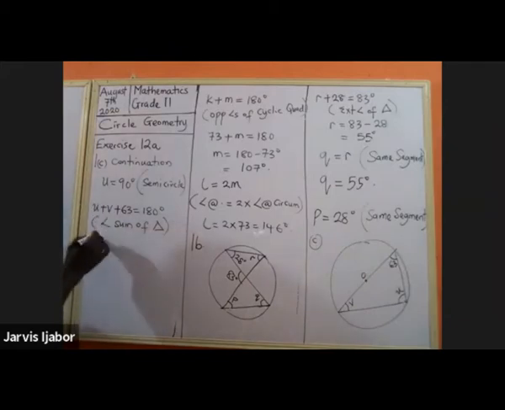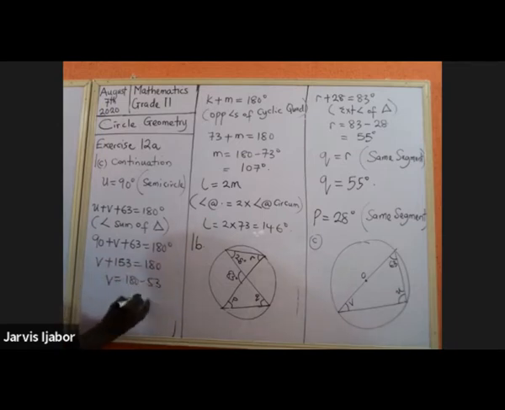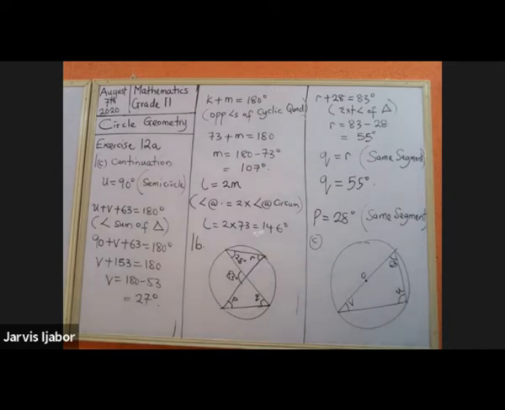U is 90, so that will be 90 plus V plus 63 equal to 180 degrees, meaning that V plus 153 will be equal to 180 degrees, and V will be equal to 180 minus 153 degrees. What does that give you? 27 degrees. So that answer will be 27 degrees. Are we seeing that? So that takes care of C.